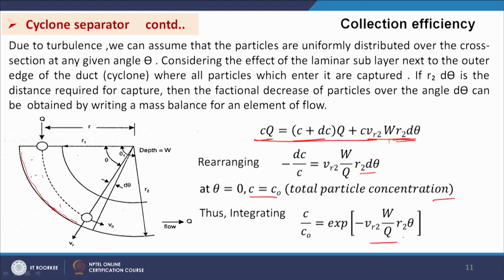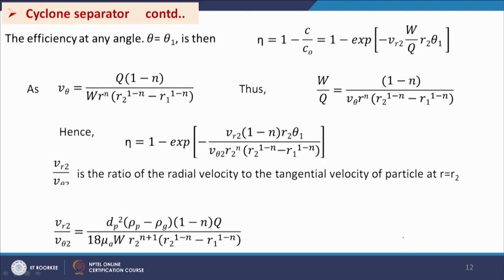So, these expressions we are getting, and we know that efficiency is 1 minus C by C 0 for any value of theta. Okay. So, this expression is 1 minus C by C 0.